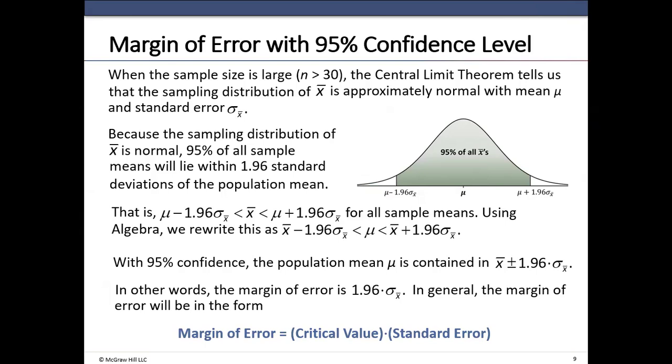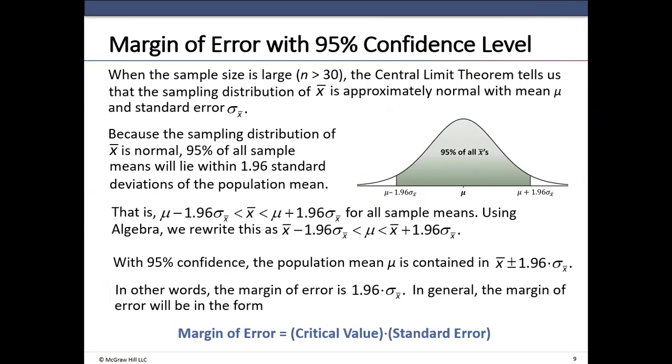So we will subtract x bar from all of them and do algebraic manipulation to show that with 95% confidence, we can state that the actual population mean mu will fall within x bar minus 1.96 sigma x bar, which comes from the previous inequality by doing algebra, less than mu, that is the lower boundary, and the upper boundary is x bar plus 1.96 sigma x bar.